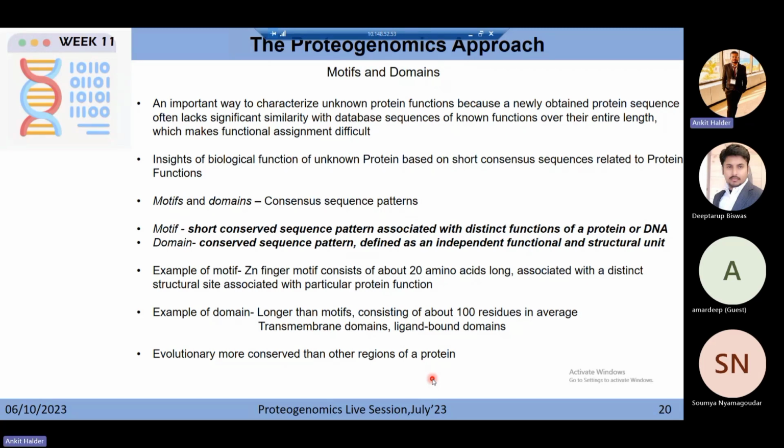This is the major difference between motif and domain: domains are long, motifs are short, and domains are independent structural and functional units.